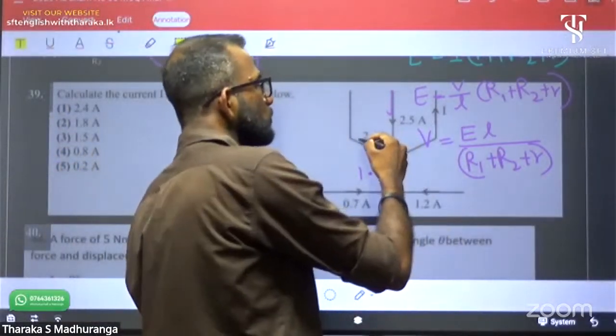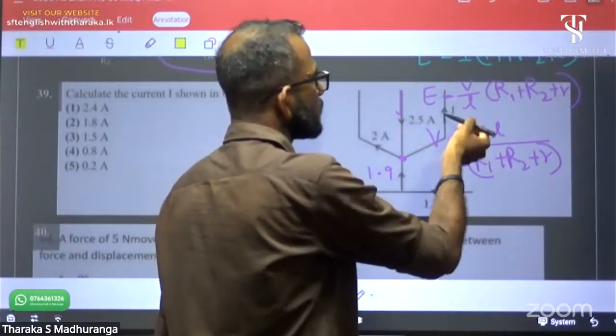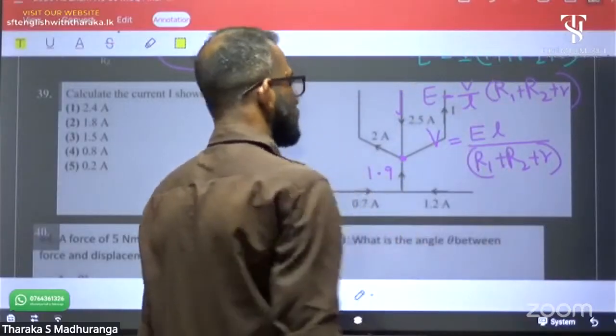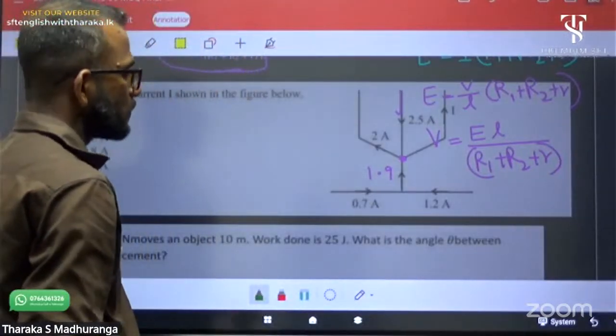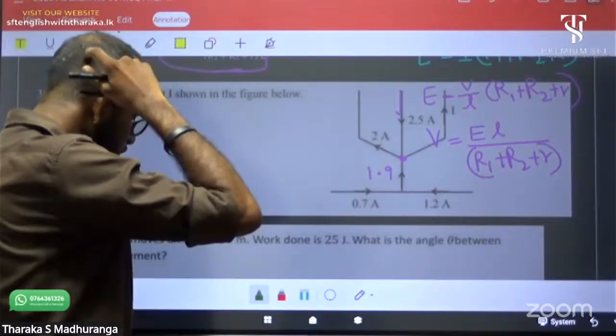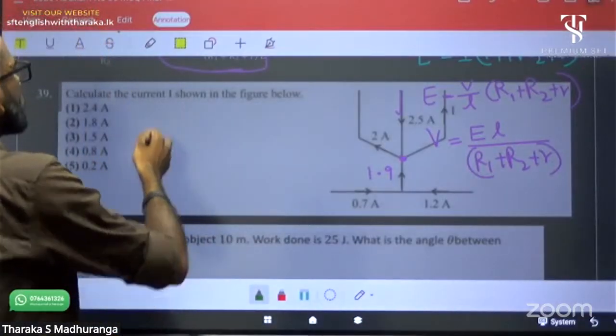Then 4.4 minus 2, because 2 is leaving out. The remaining amount is leaving from I. Then it is 4.4 minus 2, which is 2.4. Answer number 1.